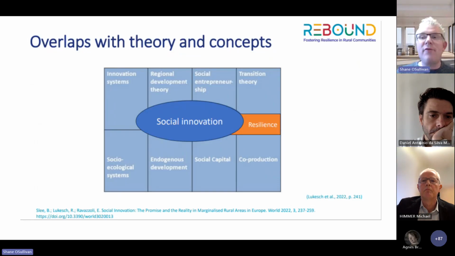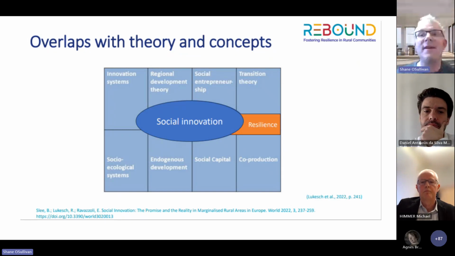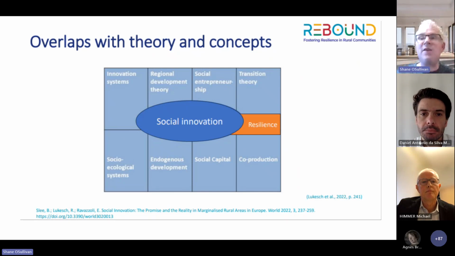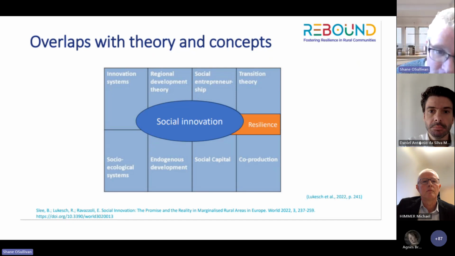Coming from a project which we're looking at the present time on rural resilience, how to create and foster resilient rural communities across Europe, social innovation is at the heart of formulating and developing a resilient community. It feeds into the sociological systems.